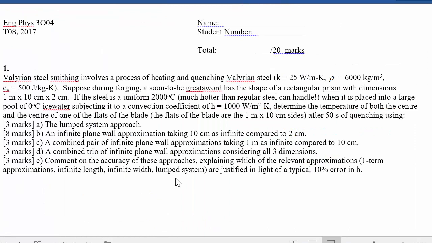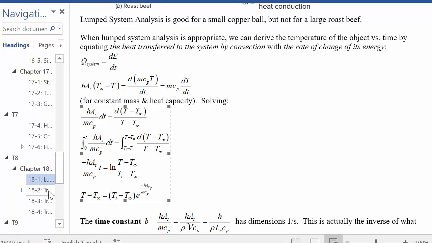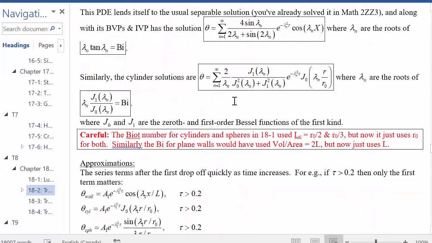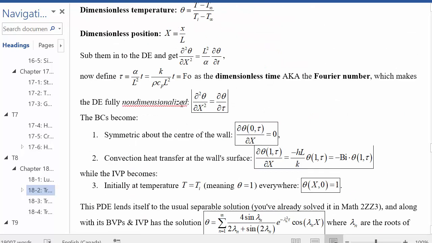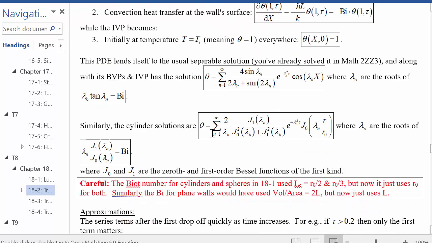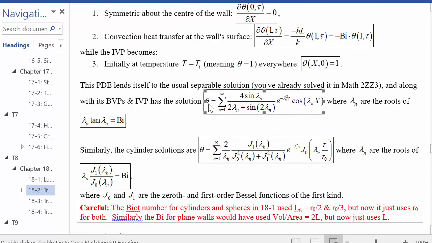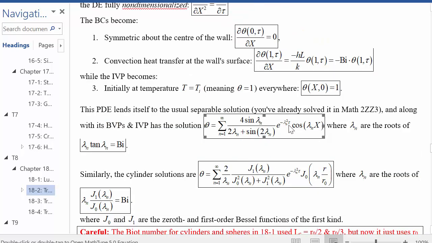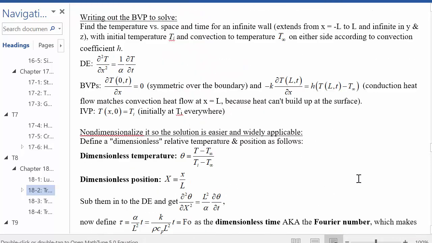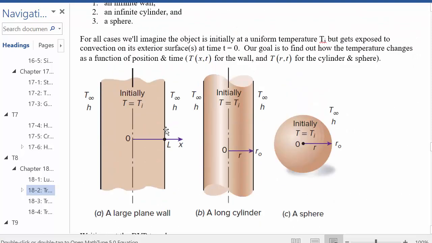Okay. So the next part is this infinite plane wall approximation, only considering the length in the 2 centimeter direction. For this part, we're going to go over to the middle of 18.2 perhaps. And the plane wall approximation is this first set. So we get our dimensionless temperature, theta, as the sum of this series, which has coefficients that are based on the Biot number and the Fourier number, where now the Biot number is calculated using the half thickness of the wall.